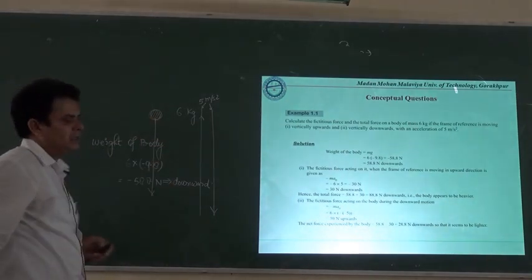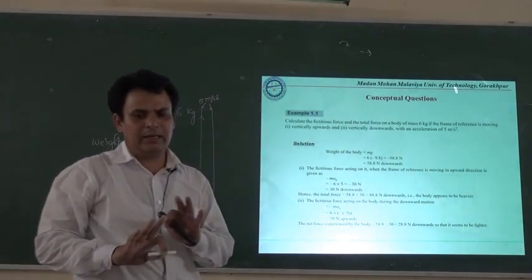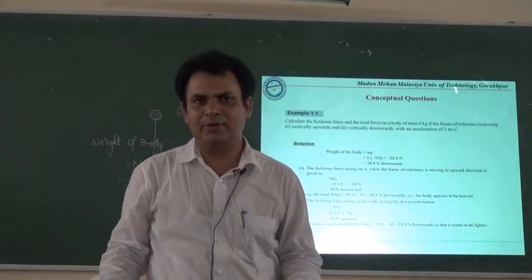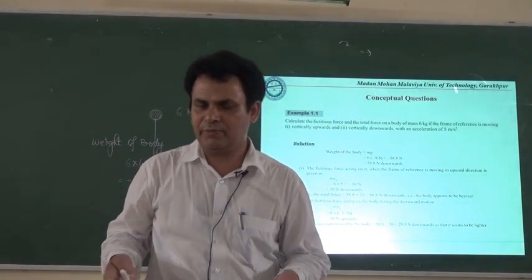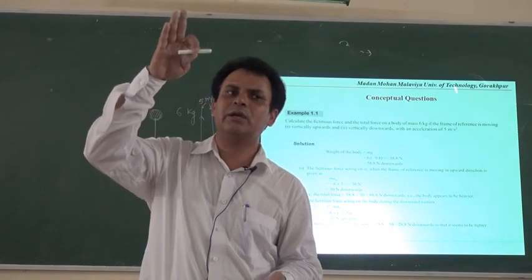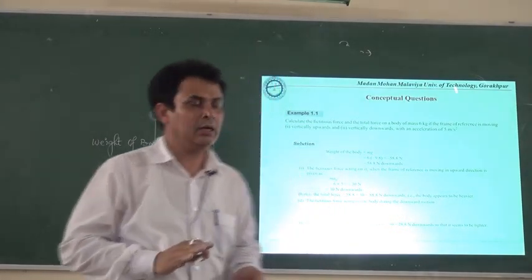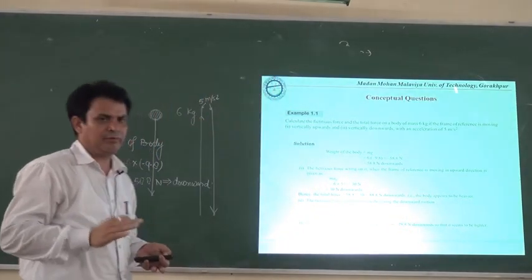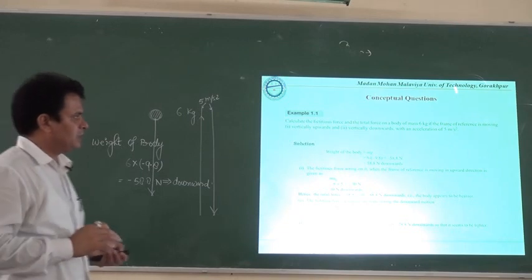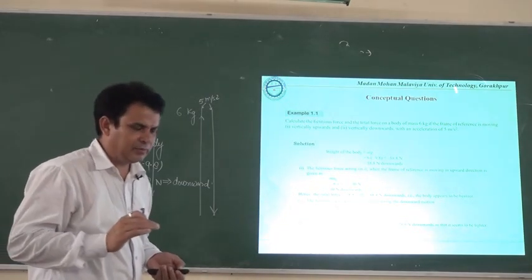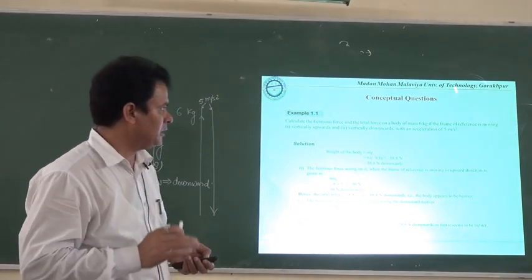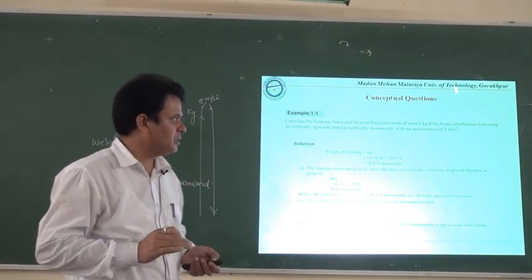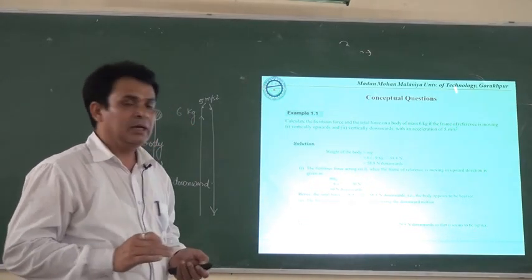Now, this is the force acting on the body when there is no concept of a frame of reference: neither is the frame of reference moving in the upward direction, nor in the downward direction. Now we are taking the frame of reference. In the first case, we have to calculate the fictitious force acting on the body when the frame of reference is moving in the upward direction.